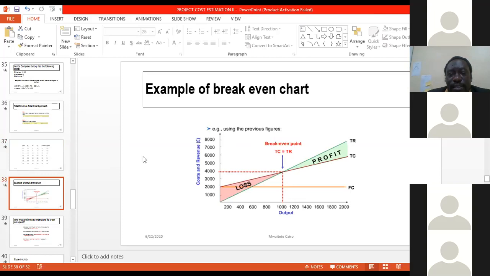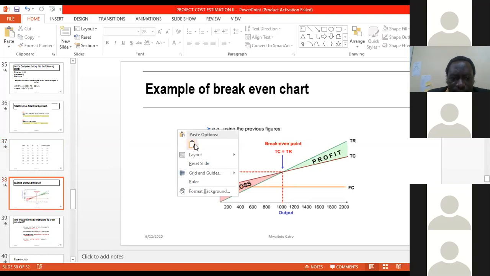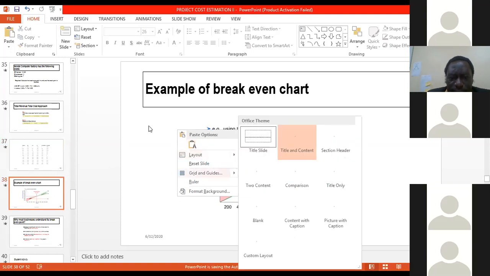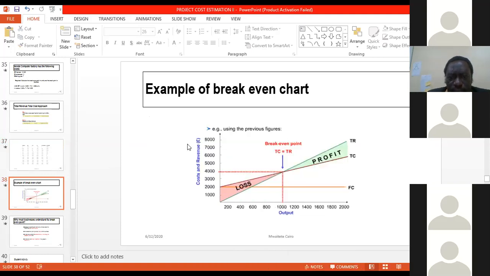At that point when you find the total cost equal to total revenue, that is the output that you need to focus on. So you know the loss making zone and the profit making zone. So a serious manager will be focusing on the profit making zone.